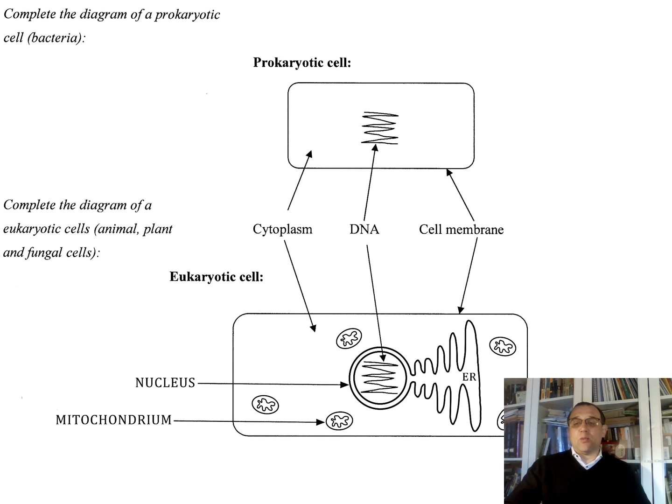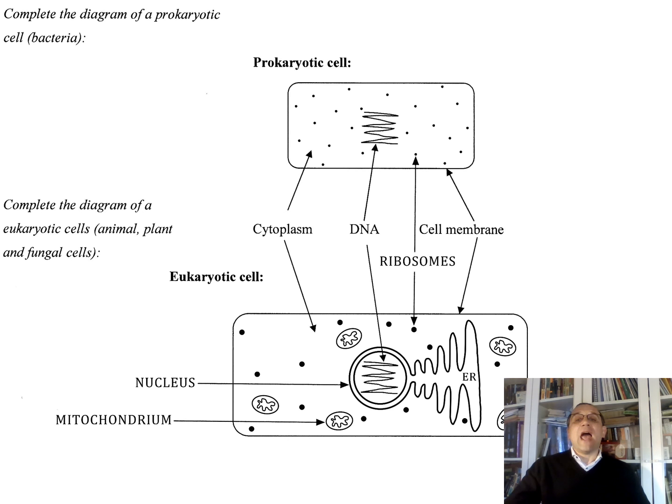Now, what else do we want to draw? Now we're going to draw an organelle that both prokaryotic cells and eukaryotic cells have. And that is ribosomes. You see, I insist on calling these organelles, ribosomes, organelles, even though they do not have a membrane around them. As you could see, mitochondria has a membrane around it, and the endoplasmic reticulum, and the nucleus, but ribosomes don't.